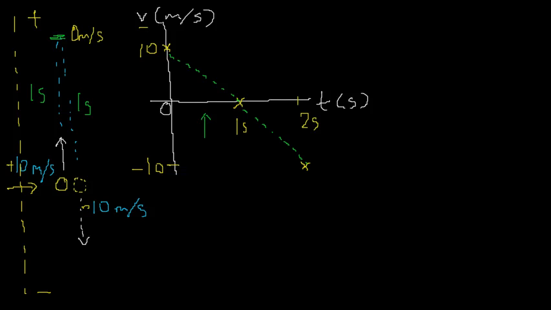Now, in the first second, the displacement we have learned previously would be given by the area under the graph. So that would be this area. So what would this area be? It would be the displacement.